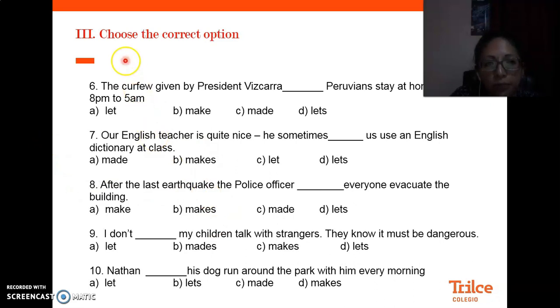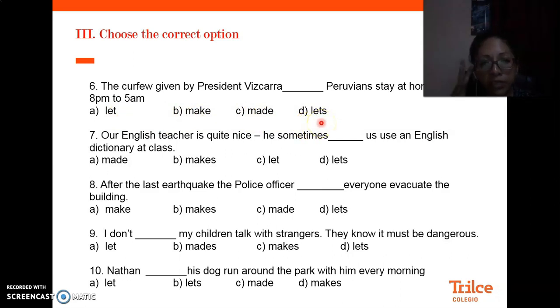Block 3. Choose the correct option. 6. The curfew given by President Vizcarra, Peruvians stay at home from 8 p.m. to 5 a.m. You have the options A, let, B, make, C, makes, or D, lets.